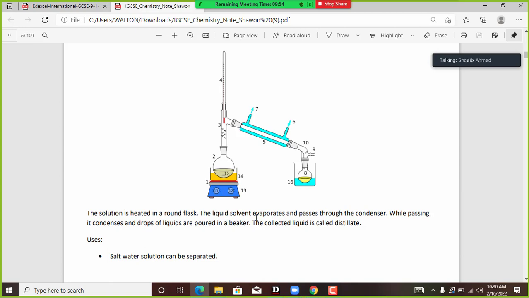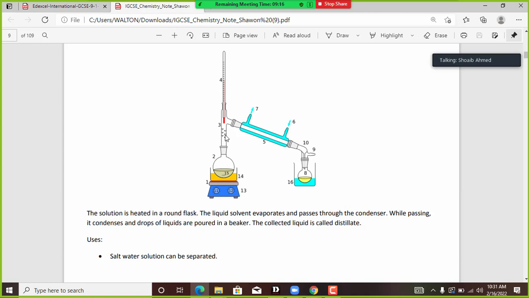You give heat, and the liquid solvent evaporates. Like if you take ethanol, at 78 degrees temperature it starts to evaporate. At 78 degrees the liquid becomes gaseous and travels here, to a condenser. In a condenser, the vapor turns into liquid and is collected here.